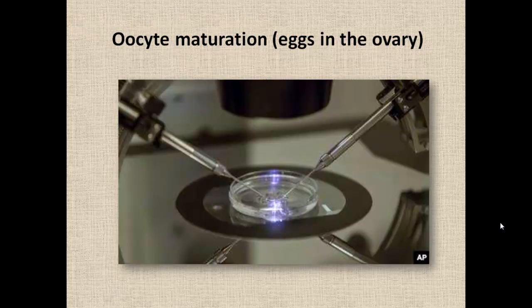And then the second is oocyte maturation, of the eggs in the ovary. Before the egg is removed and transferred to your uterus, the egg must first complete its growth and development. To trigger oocyte maturation, mama will be given an injection of human chorionic gonadotropin or HCG for maximum egg maturation.